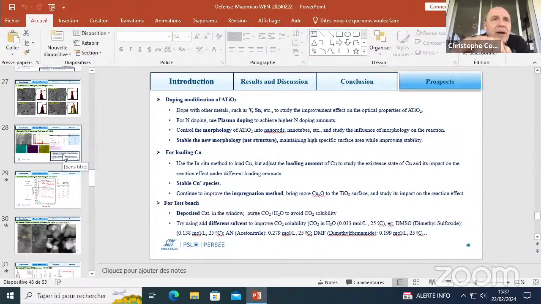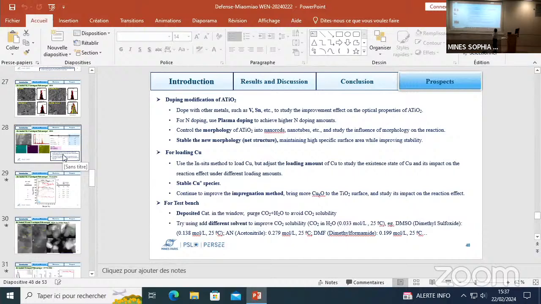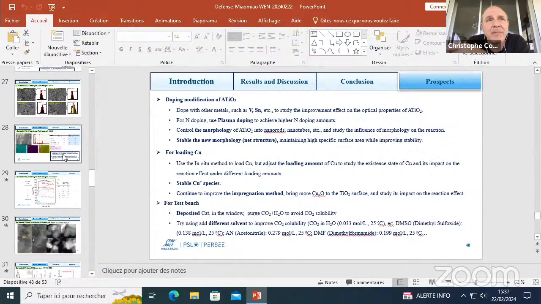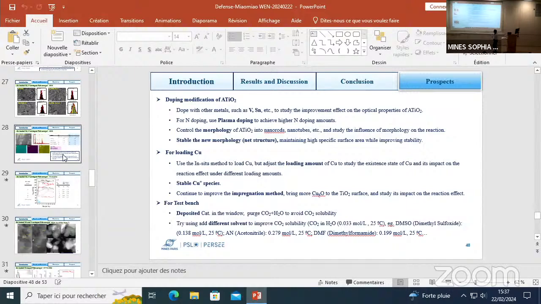I understand your point, it's close, but it's niobium 5. For example, chromium 3 would also be close, but it's not the same kind of doping. Niobium 5, we take 5 because 5 is more stable than 3. So when we do the experiment, it's easier to handle.